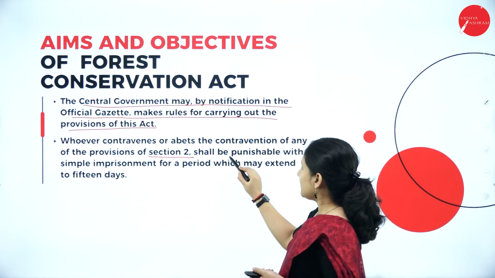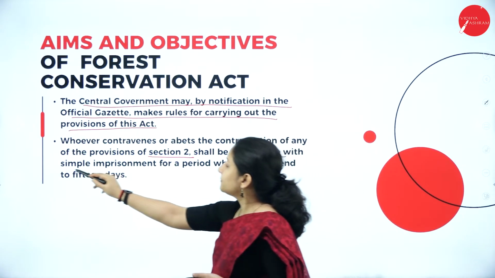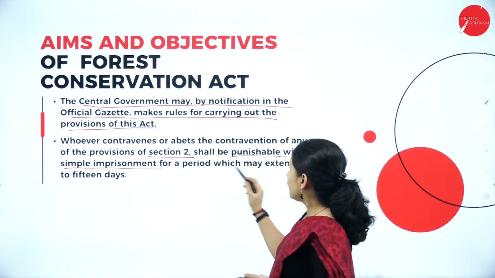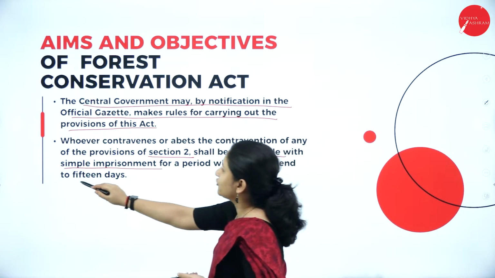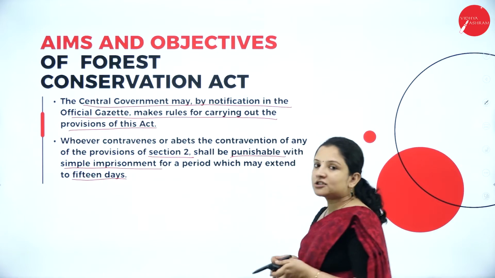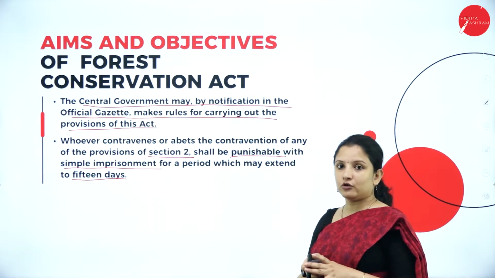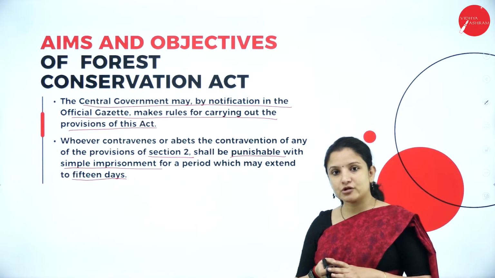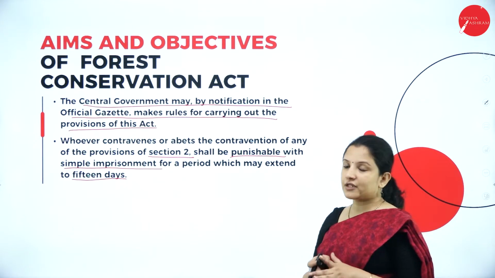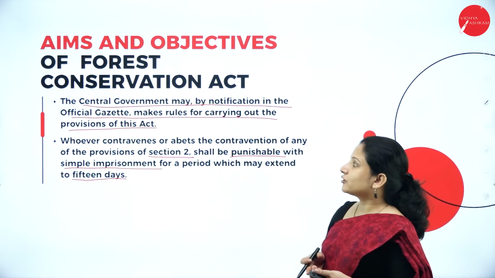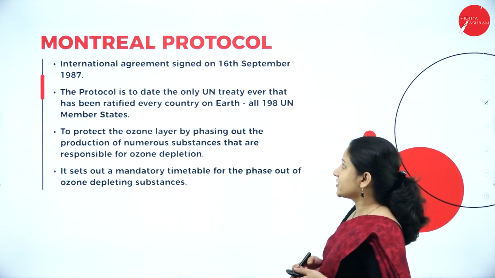They can be punished with simple imprisonment for a period which may extend to 15 days. So, in spite of warning, in spite of everything, if they still don't follow, they can be directly put into prison for about 15 days. So, these are the aims and objectives of the Forest Conservation Act.